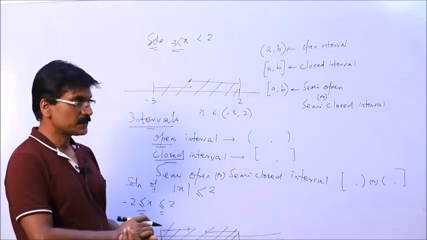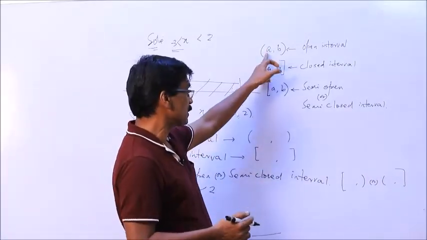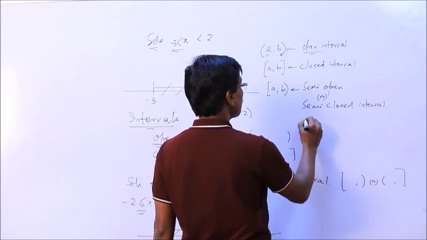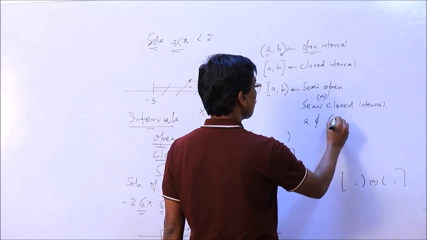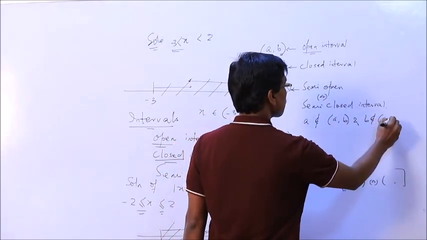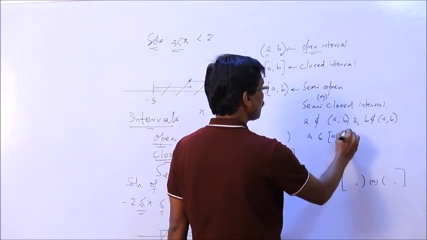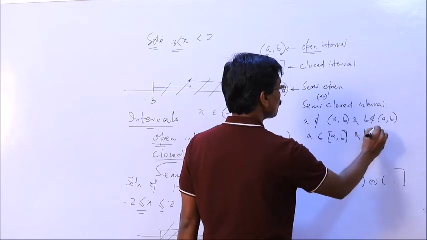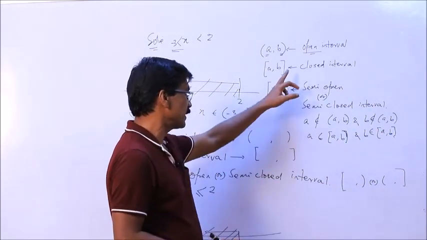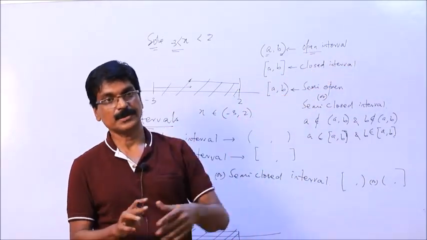So, what is the difference between open and closed interval? In an open interval the end points are not included, that is a does not belong to (a, b) and b does not belong to (a, b), but a belongs to closed interval [a, b] and b belongs to closed interval [a, b]. So, end points are included in the closed interval, but end points are not included in the open interval. Okay, thank you.